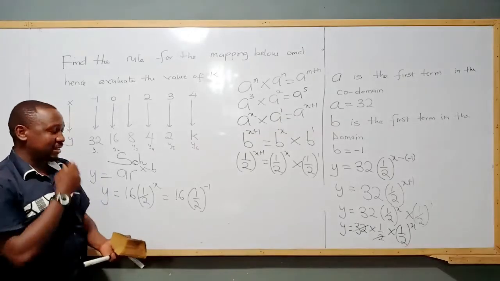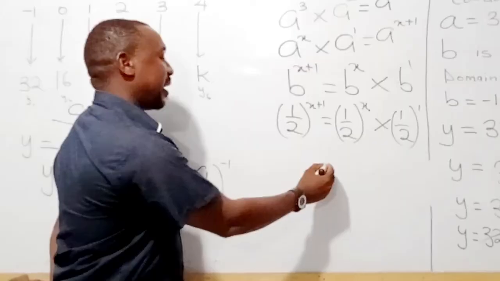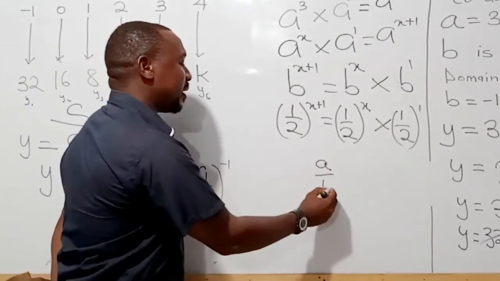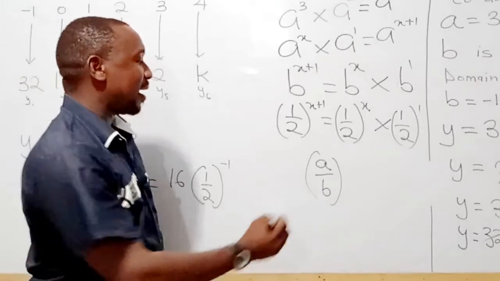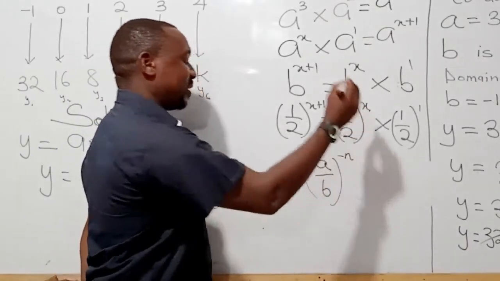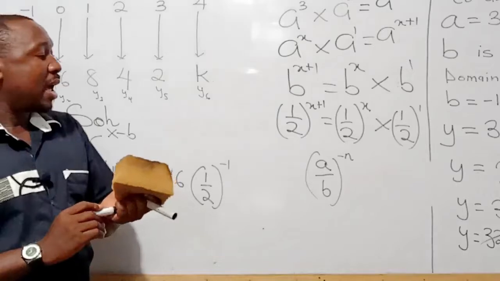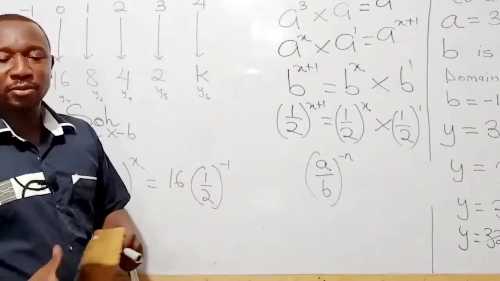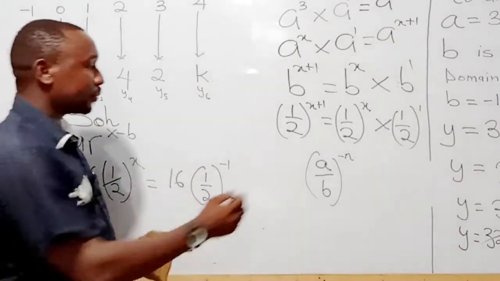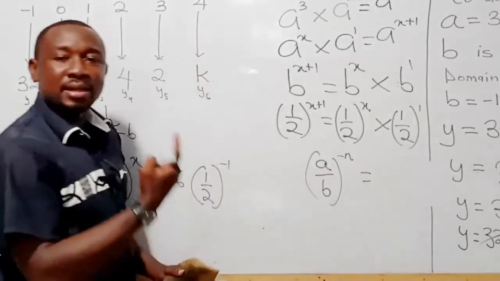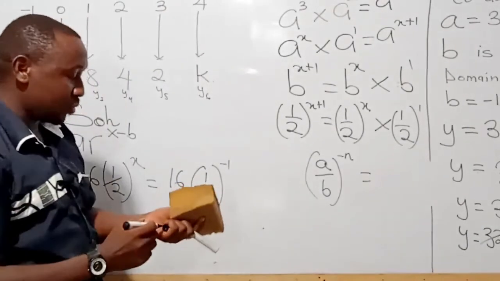In indices, if you have a out of b all to the power -n, the rule is that you let the b go up, let the a come down.